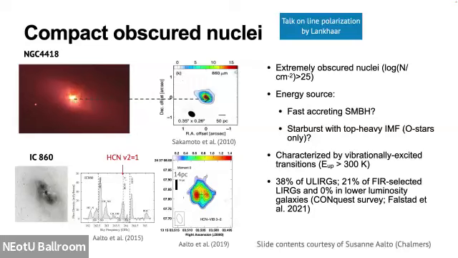That might be AGNs or extreme starburst. And they have extremely bright vibrationally excited lines, so the upper state energy may be hundreds of Kelvin to thousands of Kelvin. And a fairly good fraction of ULIRGs, about a third of them, have these extremely compact obscured nuclei.